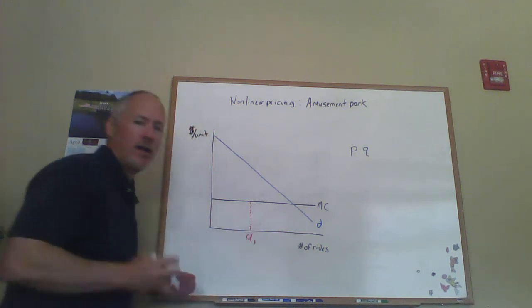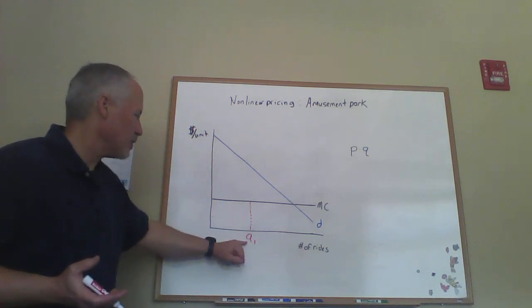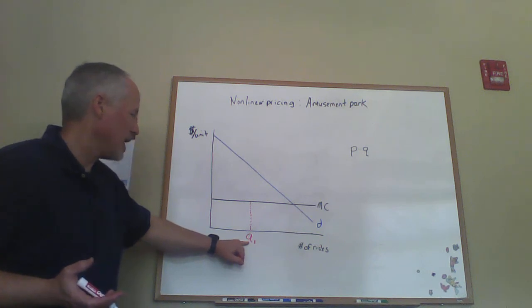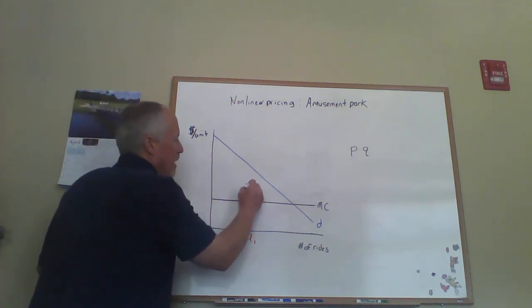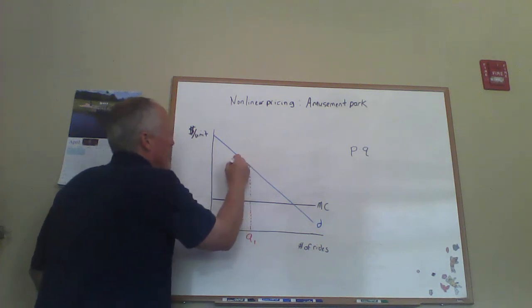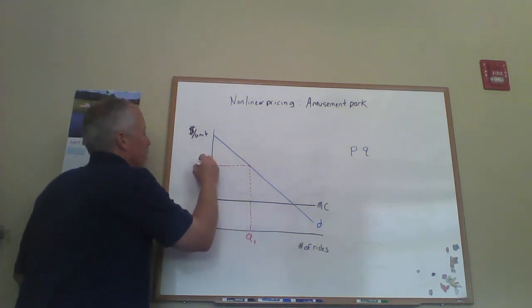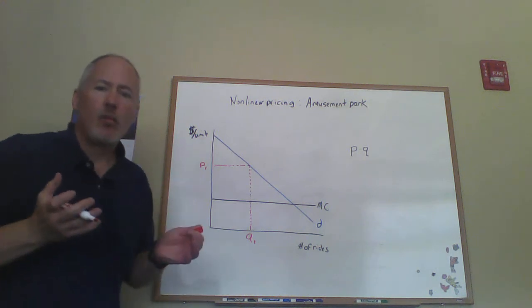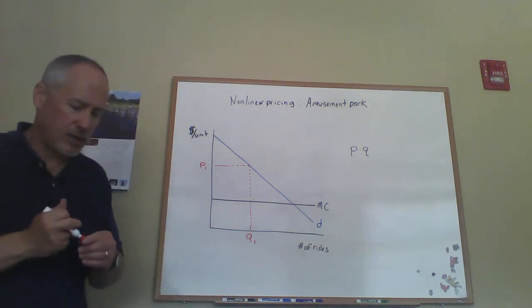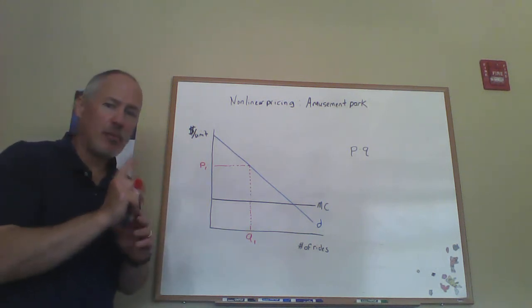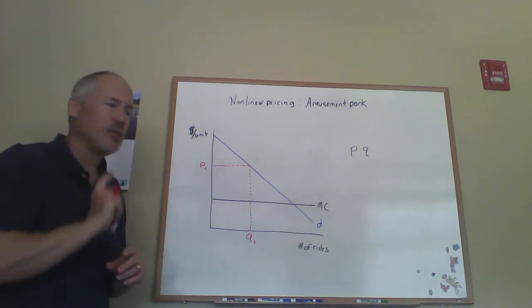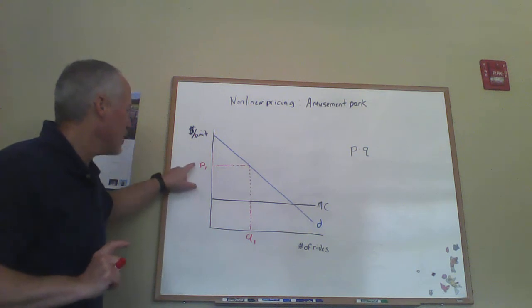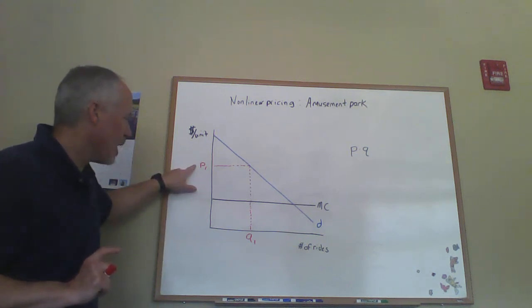I'll call that Q1, and that's the number of rides this person would take if they were being charged one price, and the profit maximizing price per ride would be P1. If the monopolist is going to charge one price per ride once they get into the park, they would charge P1 per ride.